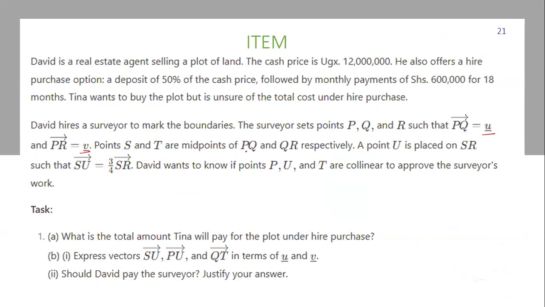Points S and T are midpoints. Now, you keep taking note of those midpoints of PQ and QR respectively. A point U is placed on SR such that this happens. David wants to know if the points are collinear to approve the surveyor's work.